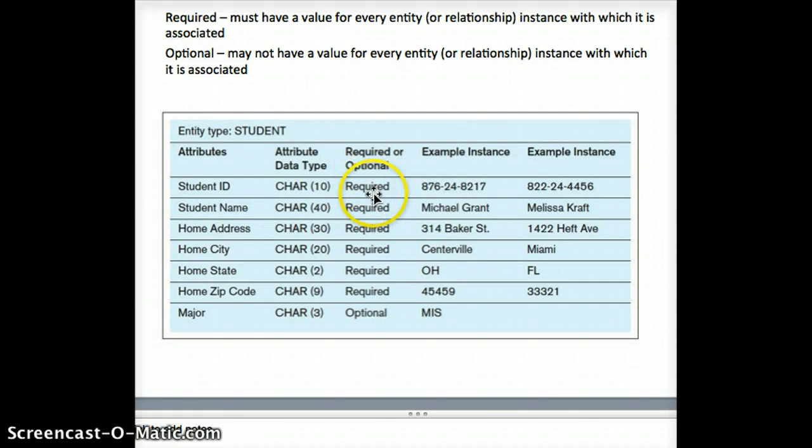Student ID is required, but major is optional. Example instances, MIS. And that is basically a pretty easy explanation of optional attributes versus required. You can see how sometimes an attribute is not needed, and in which case it would be optional.